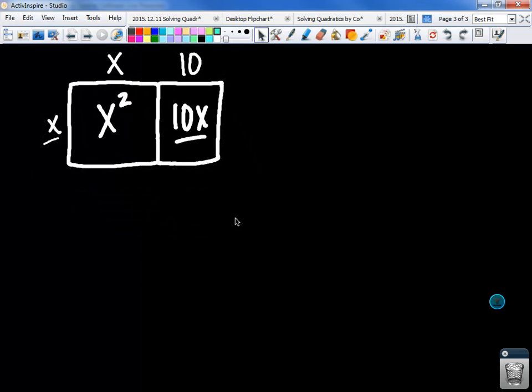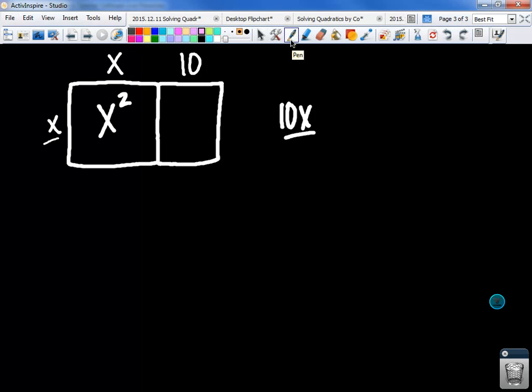Okay. Bring my 10x over here. All right, so I have my rectangular area here.